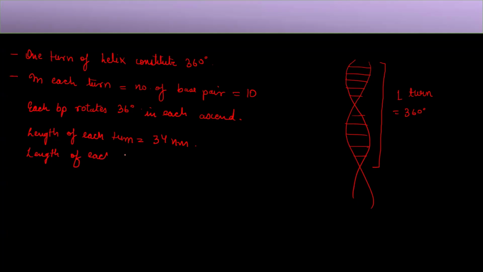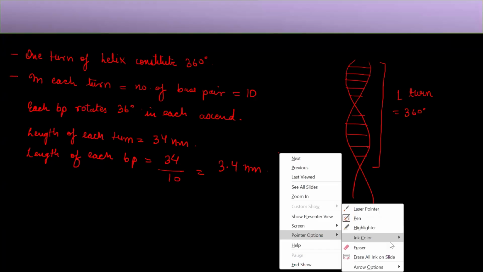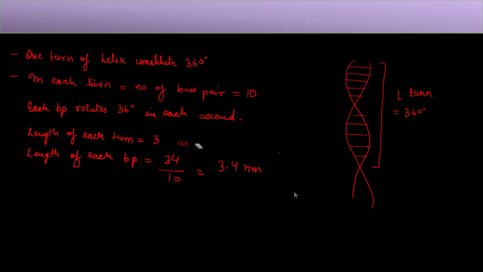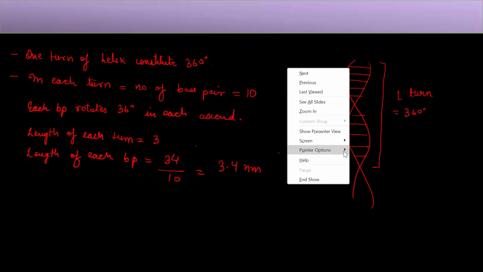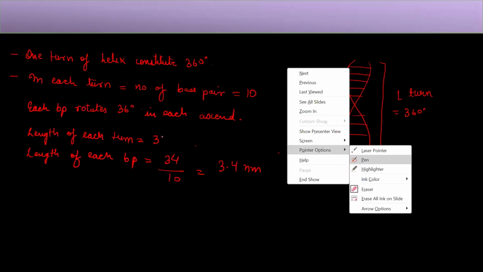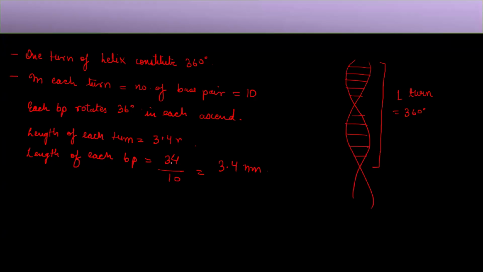So the length of each base pair will be, because there are 10 base pairs in each turn, and the length of each turn is 34 nanometer, the length of each base pair will be 3.4 angstrom, right?